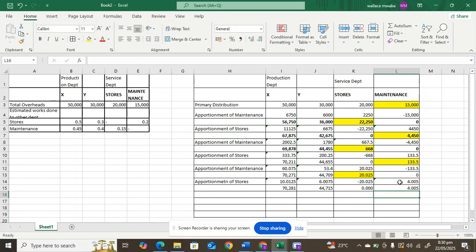You get 4.005. So this 4.005 is the amount that needs now to be reapportioned back to the other departments. So here you're going to put negative 4.005. So here we're saying reapportionment of maintenance.